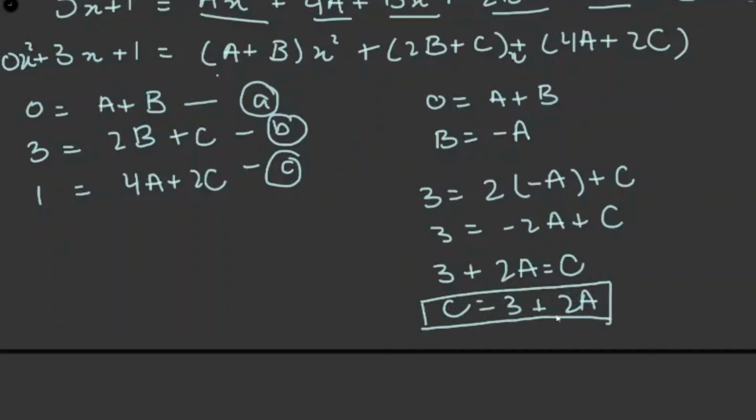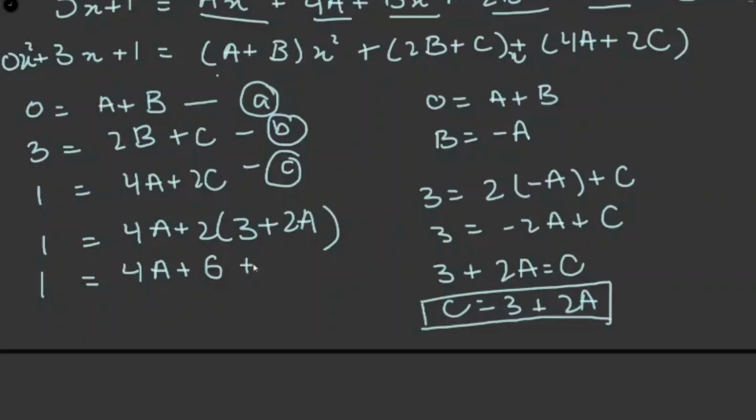Now you can plug this value into this equation. So we will do that now. We will write 1 equals 4a plus 2, and instead of this c we will replace it by this expression. Now just open the bracket and solve for this.